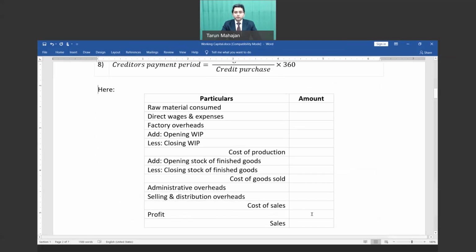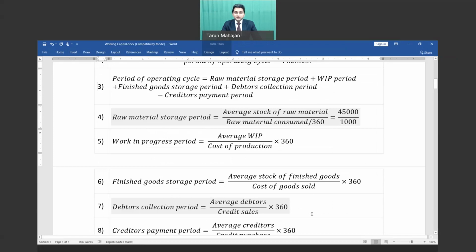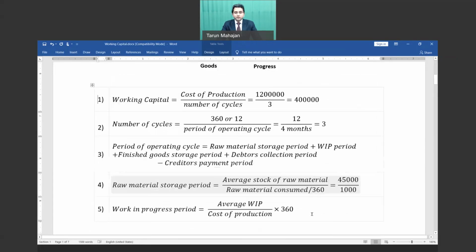I told you, you don't calculate periods, you decide them. For how many days I would like to keep raw material, finished goods, debtors, etc. You make a policy. I'll keep raw material equal to 1 month's consumption, 30 days consumption. And that's why in your godown, you have 30 days stock.